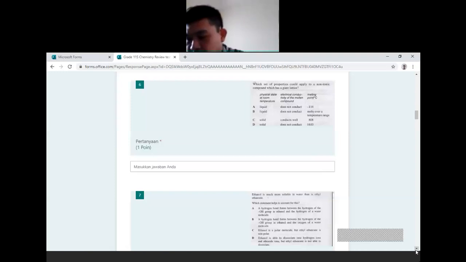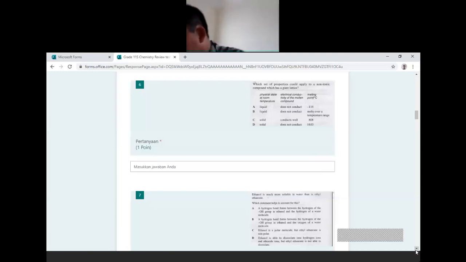Giant molecular structures like diamond and graphite and also Buckminster fullerene are solid at room temperature and pressure and do not conduct electricity, although there is an exception like graphite, which conducts electricity, but in general giant molecular structures do not conduct electricity. And then the melting and boiling points are very high, more than 1000 degrees Celsius.